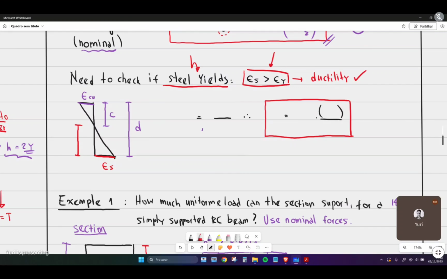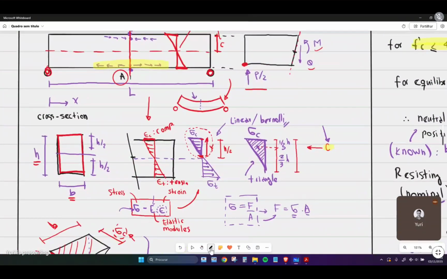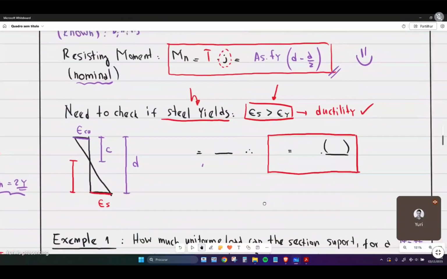So whenever we have bending imposed on a beam, we want the beam to deform. Whenever a beam is deforming a lot, we know that the steel is yielding. So that gives plenty of warning before a collapse. This is important. Whenever your section is not controlled by tension, in other words, it's not ductile, we tend to use a penalty on the bending moment.